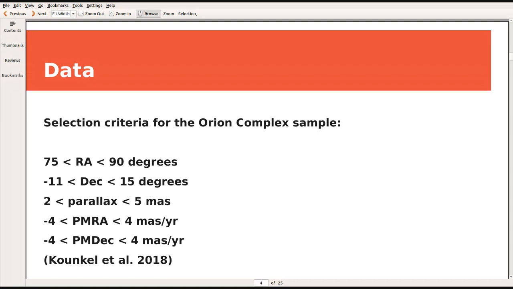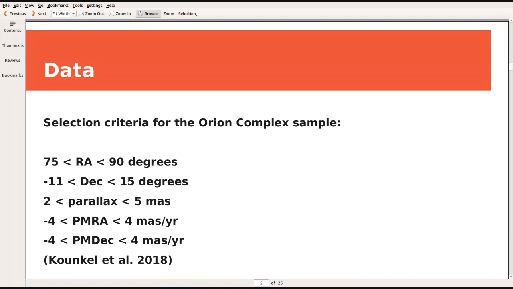So we're imposing some selection criteria for the Orion complex. Here are the criteria directly from Kounkel et al., 2018. RA is limited between 75 and 90 degrees, Dec between -11 and 15, parallax 2 to 5, and both proper motions from -4 to 4.